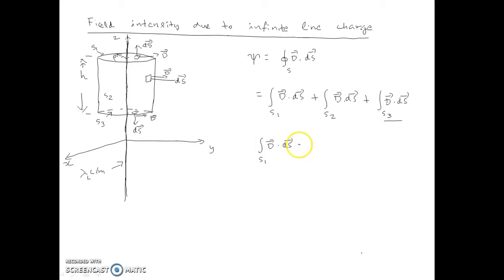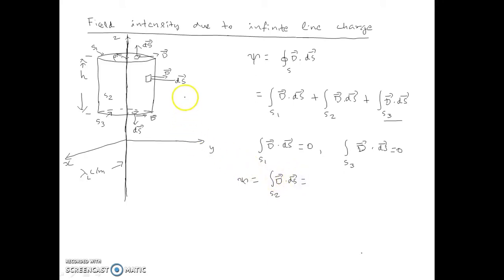Therefore, for S1, the integral is 0, and similarly for S3 also it is 0. So therefore, the flux emerging is given by only the second term.